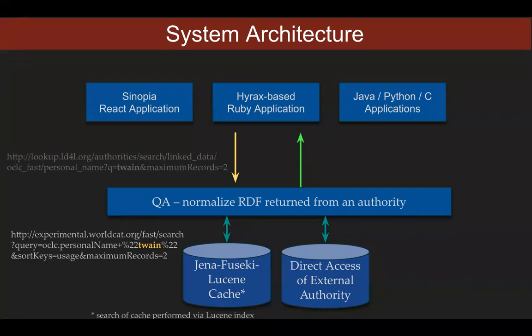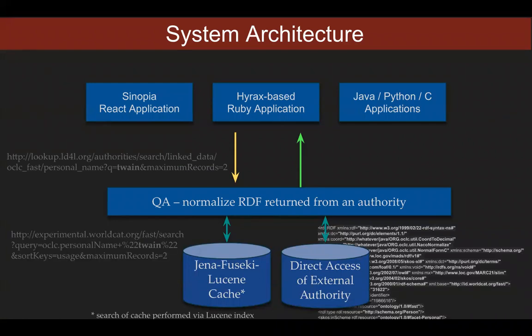And under the covers, it gets turned into the URL that OCLC itself has for their API, and parameters can get changed around, how the query is defined gets turned around, but questioning authority is what knows how to make that conversion. And what you get back is a ton of RDF.